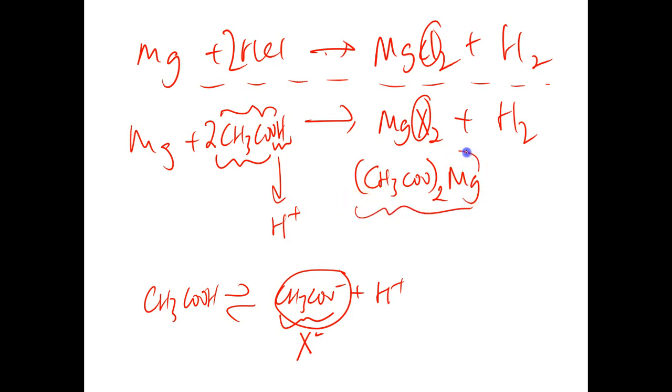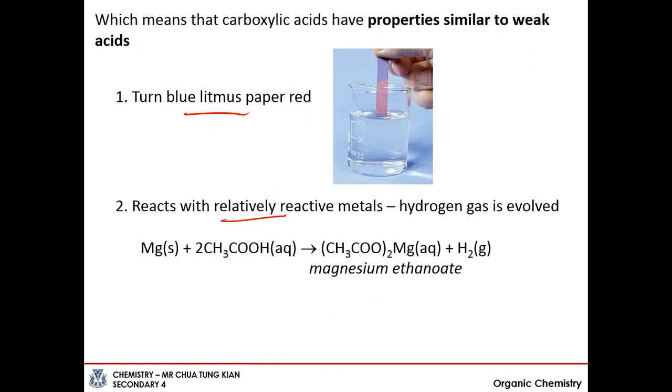You put the metal ion at the back versus this one where you put the metal ion at the front, right? So you put the metal ion at the back of the formula. So we have this magnesium ethanoate. This is called magnesium ethanoate. So ethanoic acid, I get ethanoate.